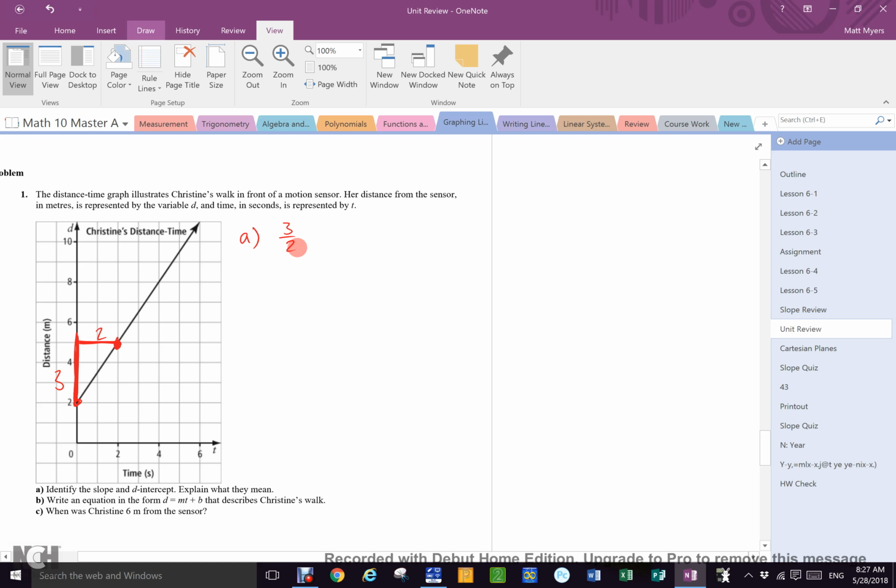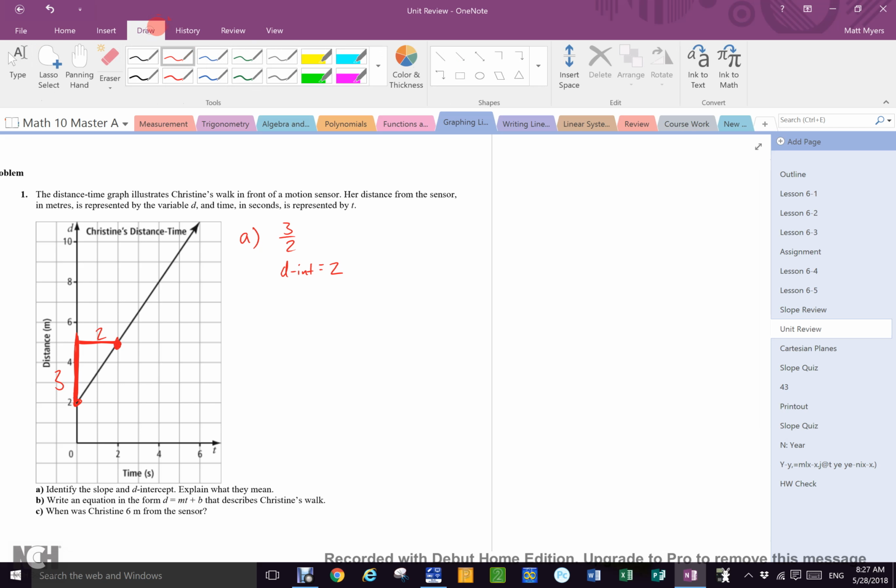That gets you 1 mark. Well, yeah, sure, 1 mark. Why not? What is the d-intercept? Two. That gets you 1 mark. What do they mean? That gets you 1 mark as well.